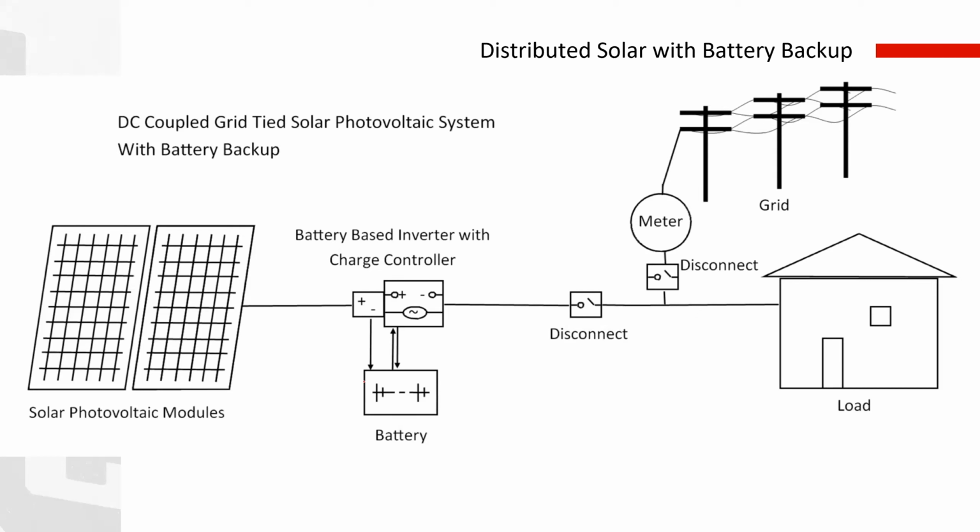In this case, the battery can be charged by the DC, and it's on the DC side of the circuit. So I'm charging the battery with a charge controller. The battery then can go through the inverter, or I suppose maybe theoretically backwards as well, and get charged from the grid. And then that inverter, the same as the other, can run my loads.